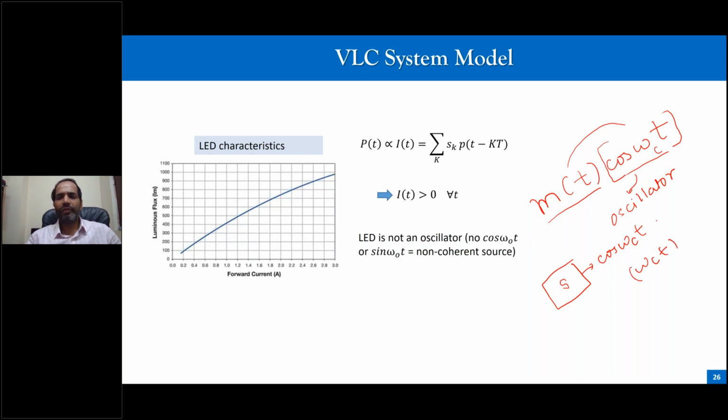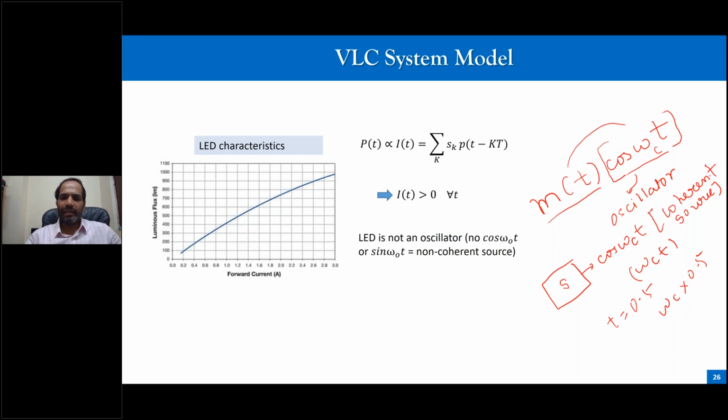If I ask you what is the phase at time t equals 0.5, you immediately know this, right? The phase is omega_c times 0.5. You can tell me the phase at all time instances. That means we can say this is a coherent source, because the phase of this source is known at all time instances to us.